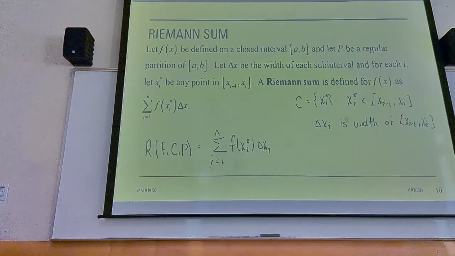It's the same formula, except now your delta x is not constant. Your delta x depends on the subinterval.